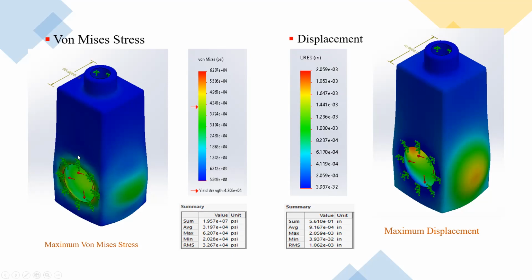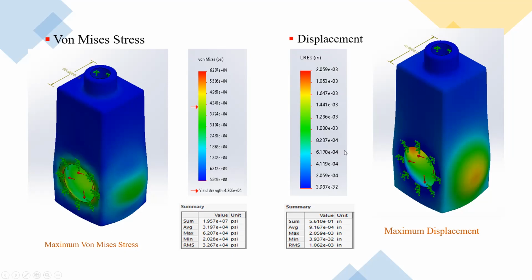This ring shows exactly where the seat is located and touching the surface of the gate. And these green arrows show the fixture area where the stem is threaded with the gate.